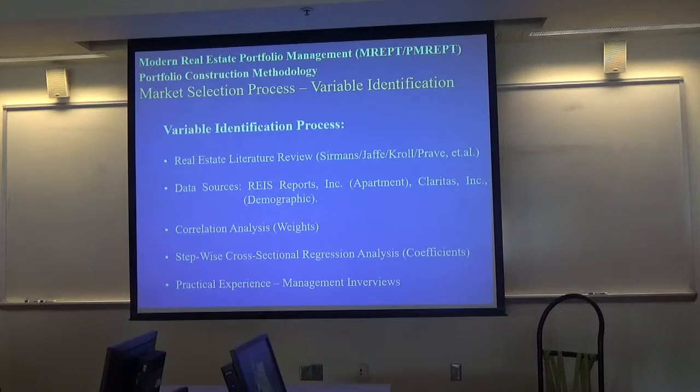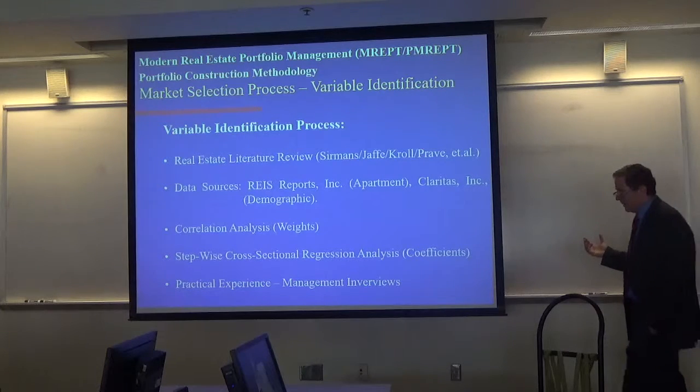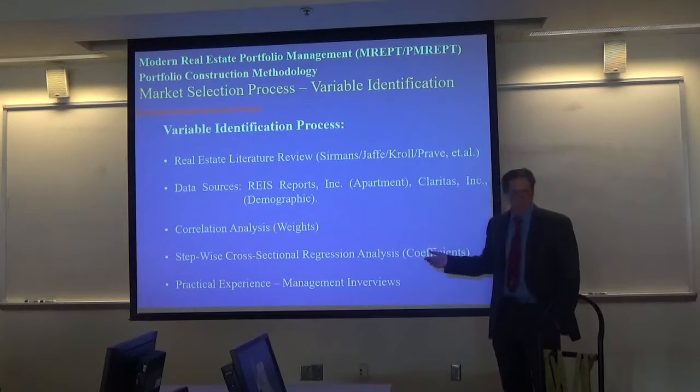So I went through the literature, data sources, correlation analysis. I also used a data mining tool through SPSS called stepwise cross-sectional regression, or stepwise regression. It's a data mining tool.